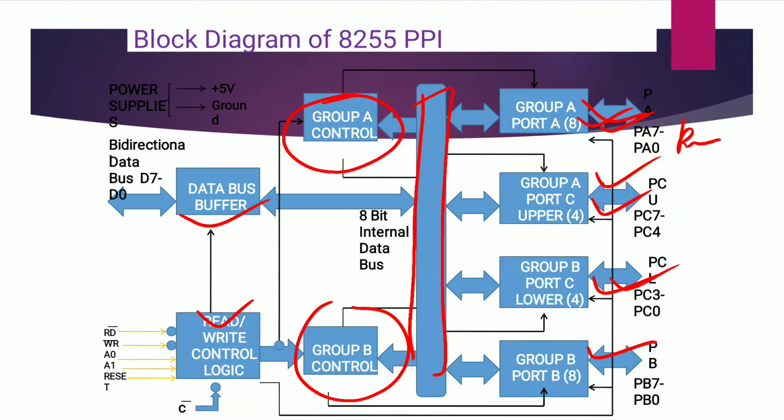Group A has port C upper, that is pins PC4 to PC7. This one is group B port C lower, having the pins PC0 to PC3, and group B port B. Port B is 8-bit, so PB0 to PB7.